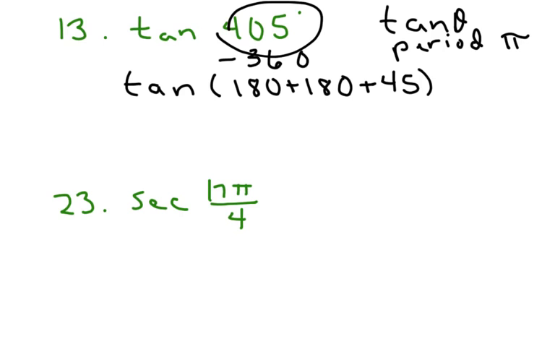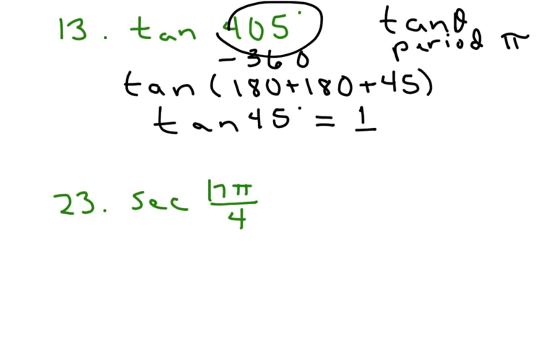I tend to subtract. You can do it this way. So tan of 45 degrees equals 1. You could say that 405 degrees is coterminal with 45 degrees.